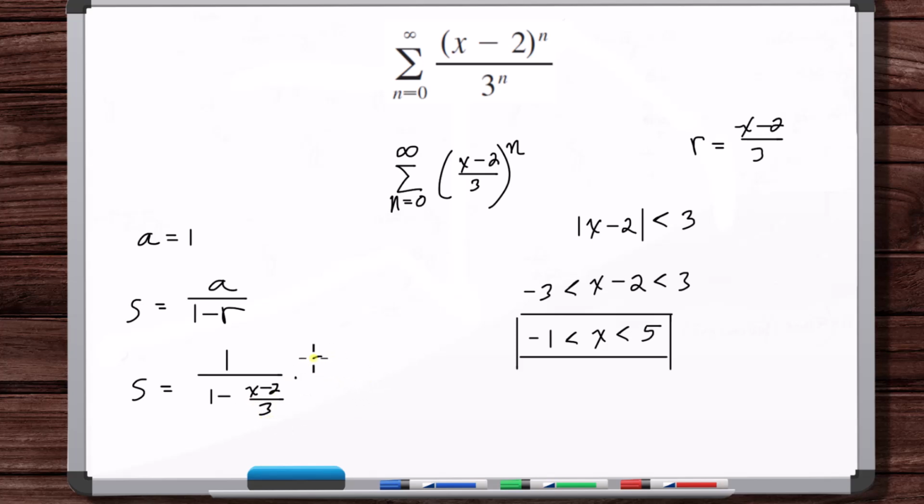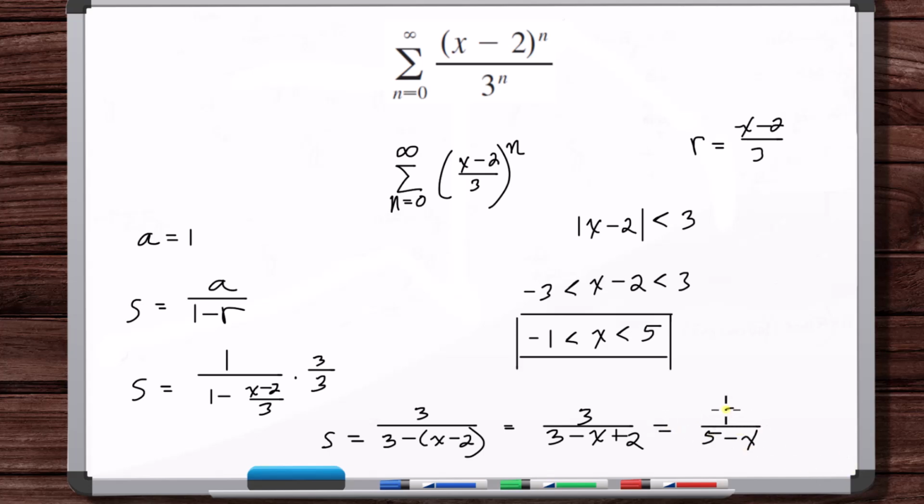Now we want to multiply this by 1 in the form of 3 over 3. So 3 minus x, plus 2, so 5 minus x. Okay. So yeah, there we go.